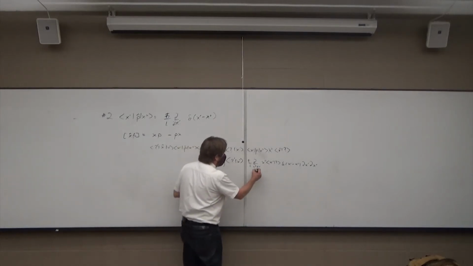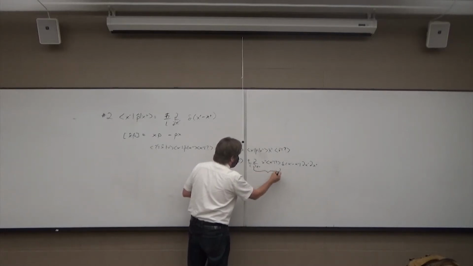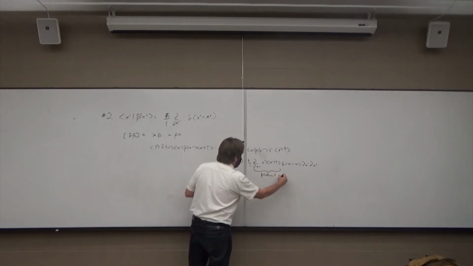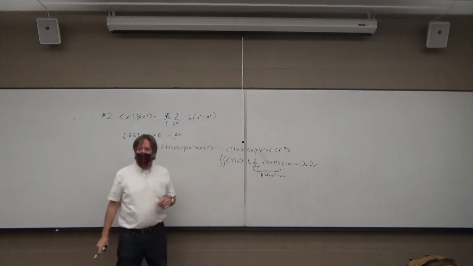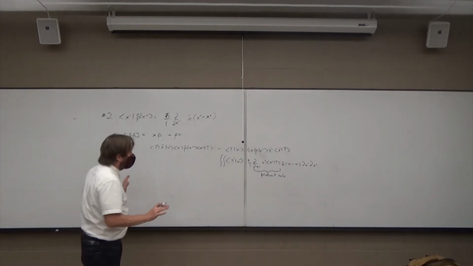So this deal isn't just that deal, it's really this deal. You really got a product going on here. So anyway, this is why this problem is a little funny.